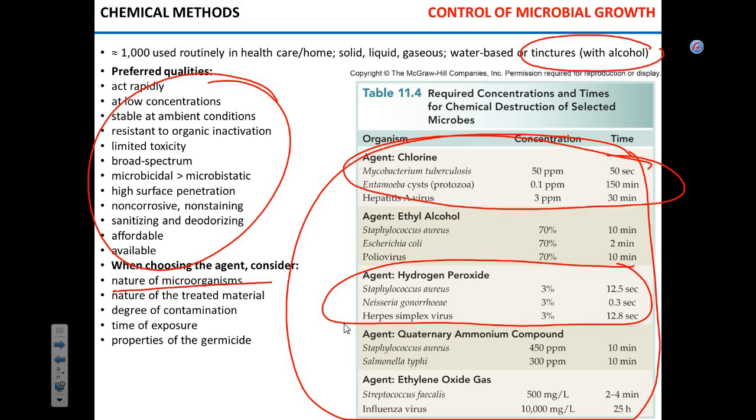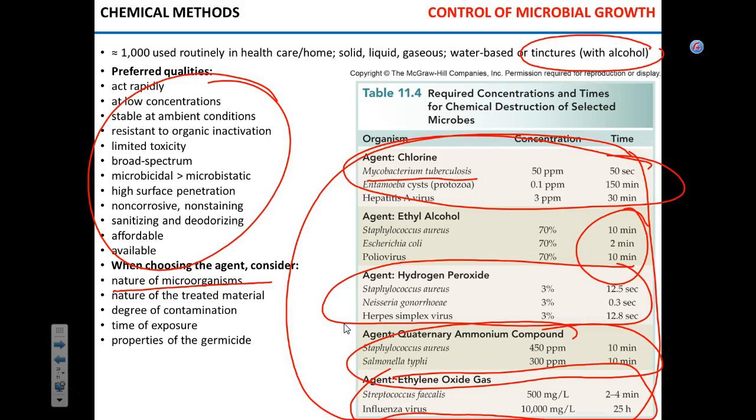Chlorine is pretty good against vegetative bacteria, at different concentrations. Ethyl alcohol is rather slow, so you have to leave it on. Quaternary ammonia is also rather slow. Ethylene oxide: we'll talk about how it works, what it is, and why it is sterilizing.